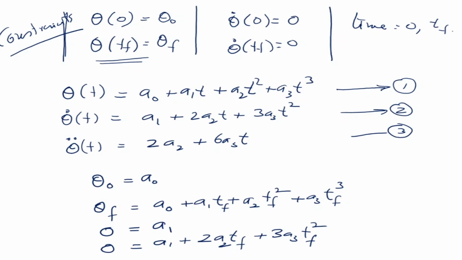So we have got the solution for this. We have got a0 equal to theta naught and a1 equal to 0. Okay, 2 we have got, so 2 more are left: a2 and a3. There are 2 equations here, equation 4 and equation 5. With 2 equations and 2 unknowns, we can solve and get the required solutions.